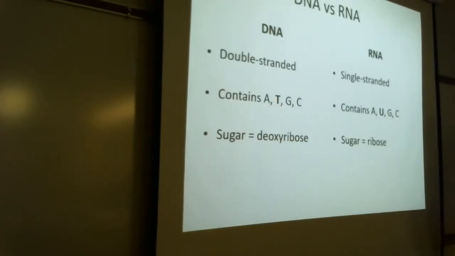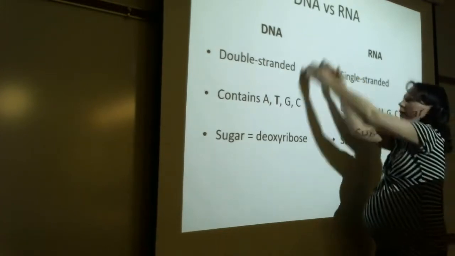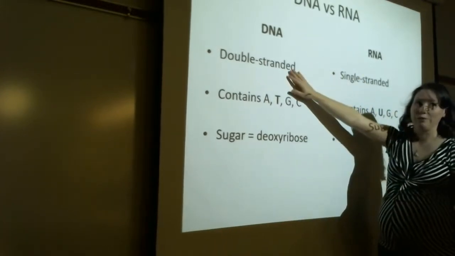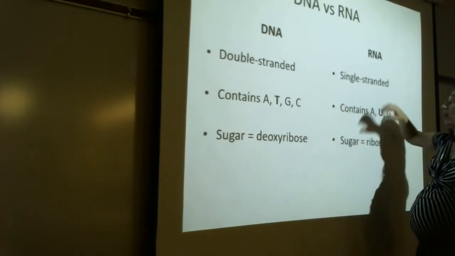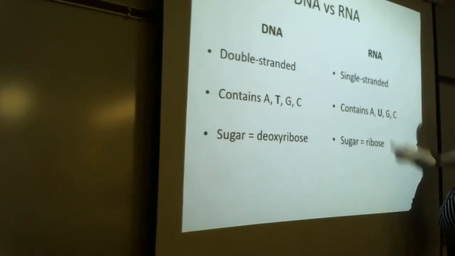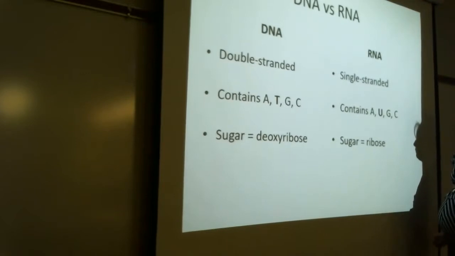So here's a summary. If we're going to compare DNA and RNA, what are some of the big differences that you need to know? You have to know this. Right? DNA is double-stranded. There are 2 strands. We're going to get into details of that in a few minutes. Whereas RNA is single-stranded. It's just 1 single strand. Okay?